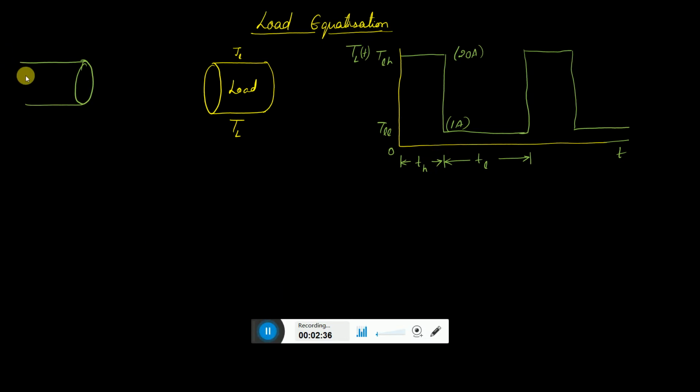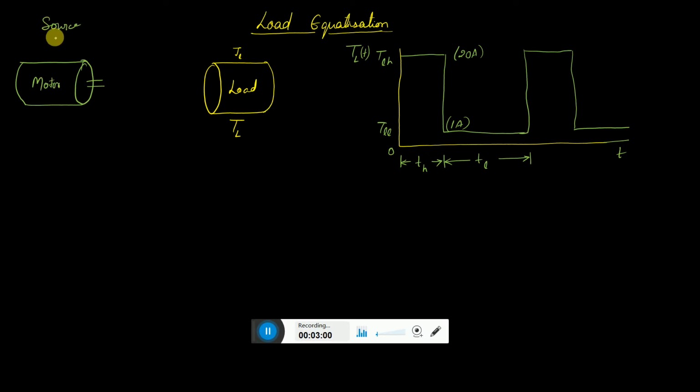This motor draws a current of 20 ampere for a very short time, then for another time it draws a current of 1 ampere. In that way, it will affect the source.